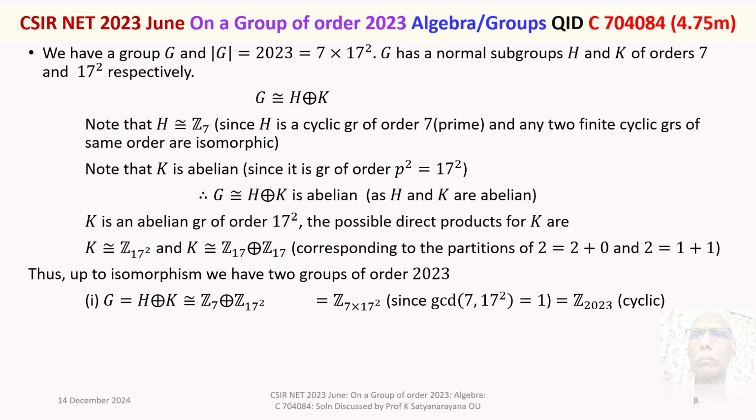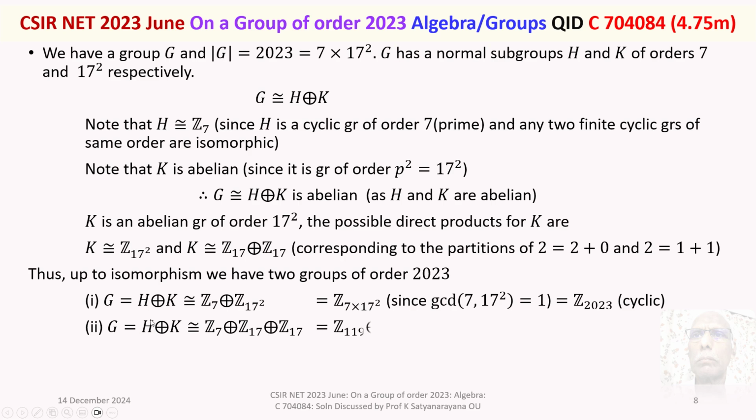Now see, 7 and 17 square are relatively prime. Their GCD is 1. Therefore, it is written as Z of 7 times 17 square. And recall a result: Zm ⊕ Zn is equal to Zmn if and only if gcd of m and n is 1. So this is Z of 7 times 17 square, that is Z2023. It is a cyclic group of order 2023.